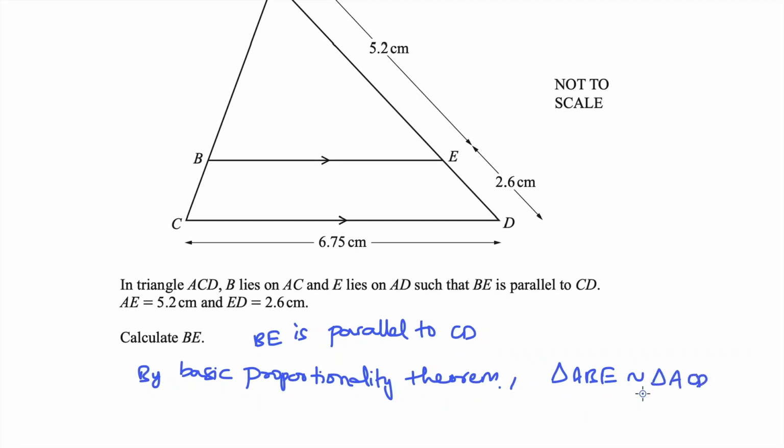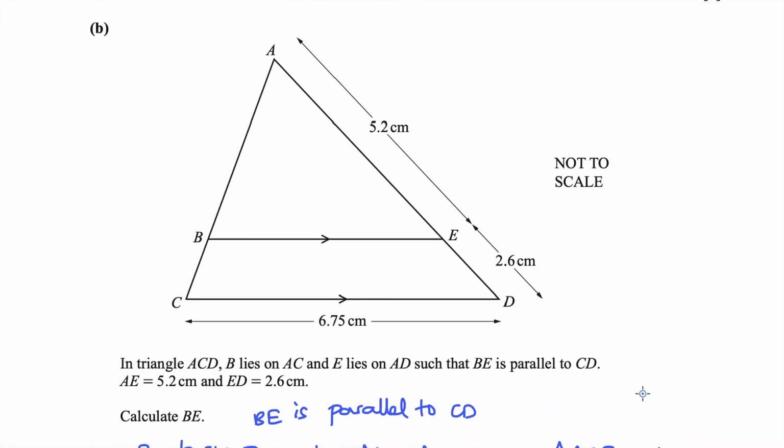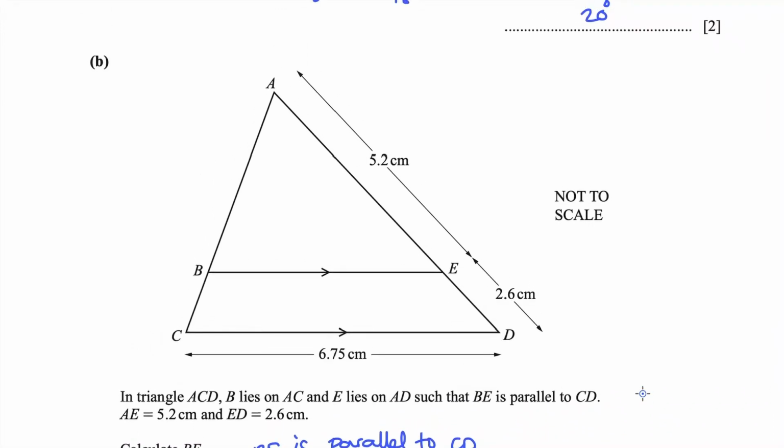The smaller one is similar to the bigger one. Now since these two are parallel, we can say that these two angles are equal. Then these two angles are equal and this angle is common. So they are similar.